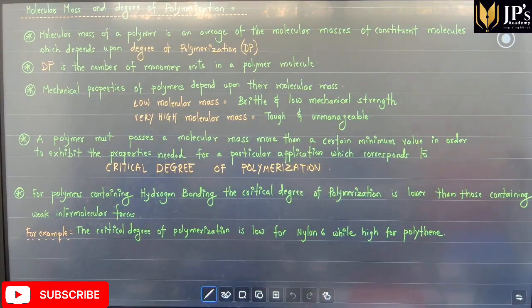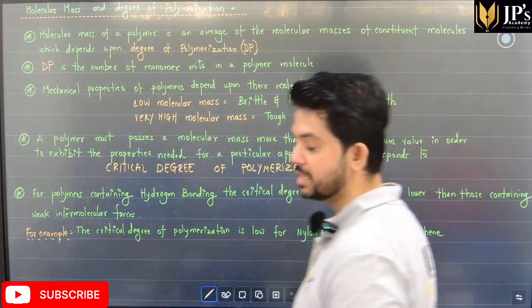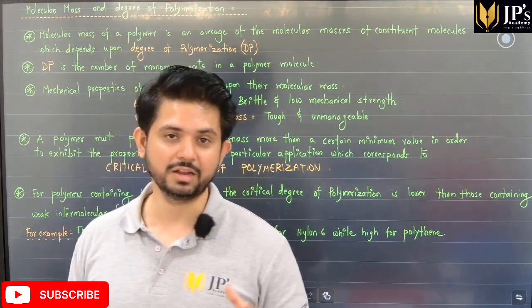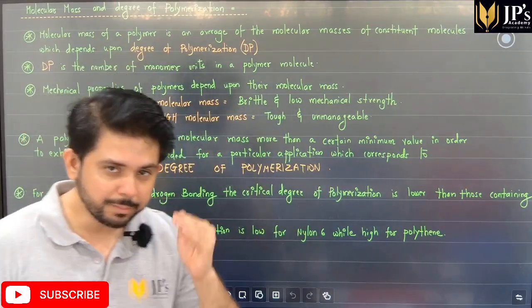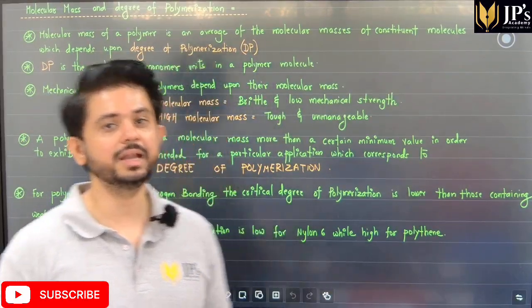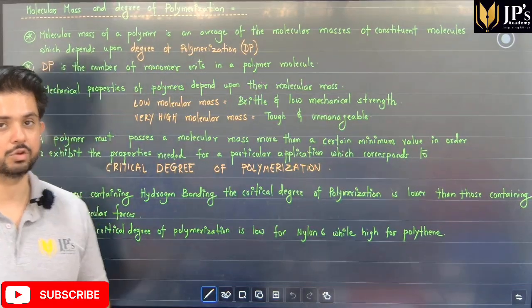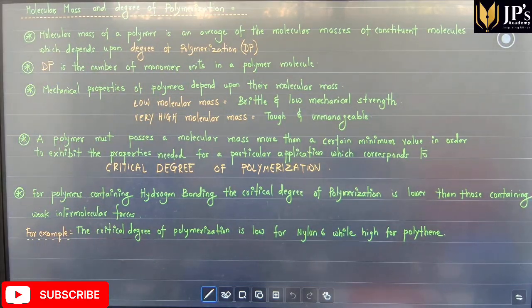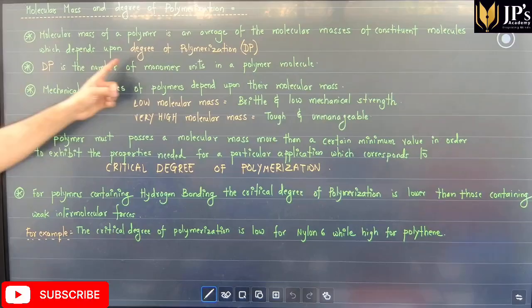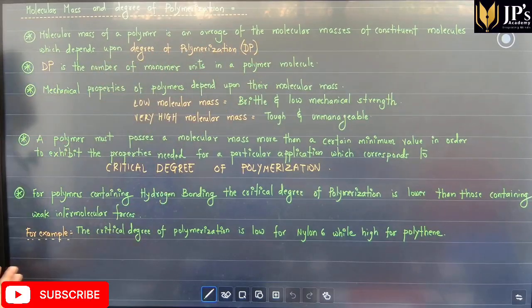On the other hand, if it has very high molecular mass, it can become tough and unmanageable. So there has to be a proper balance maintained in the molecular mass of the polymer.